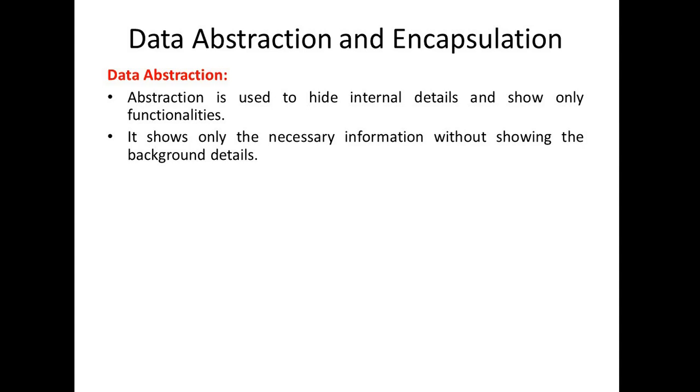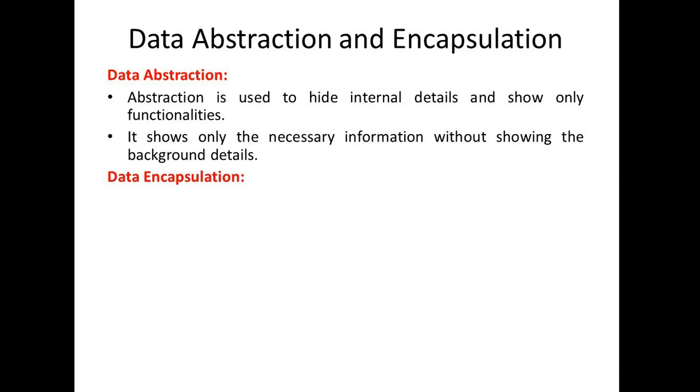The objects will be accessed by passing some values to the class, such that it returns the actual execution present within it. But we don't know what data members and member functions are present within it. It hides all the background details and shows only the necessary information, and we call this data abstraction.